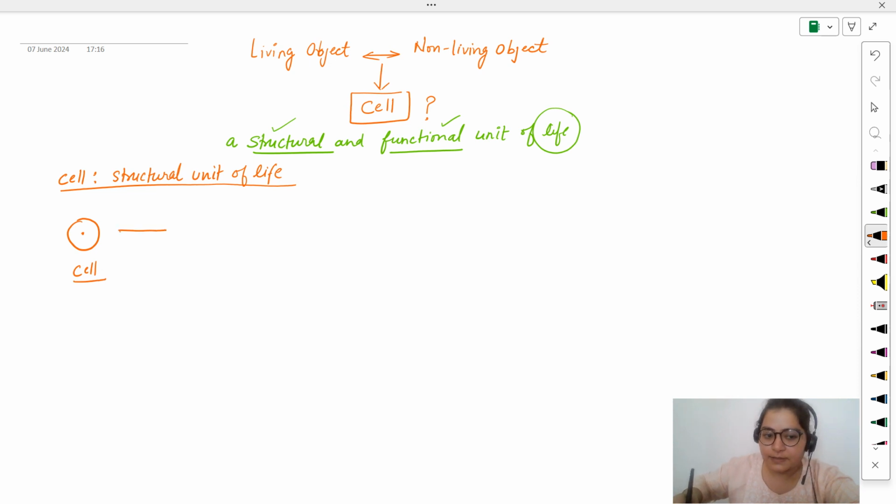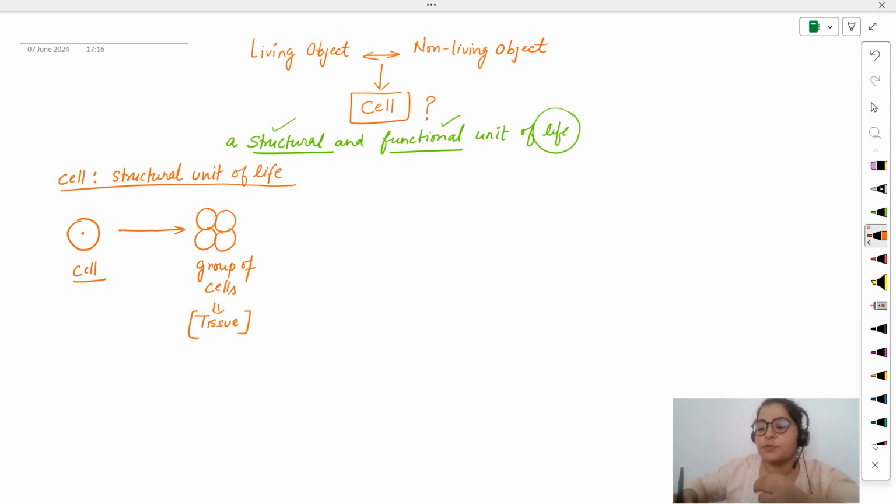When these cells group together in this manner and perform a specific function, this group of cells is called tissue. Now tissue performs a function for the organism.